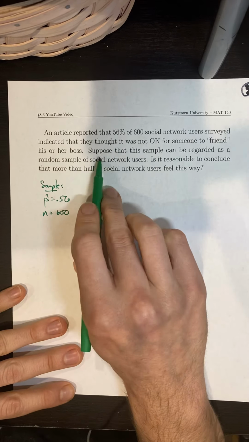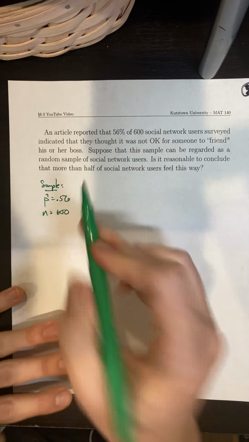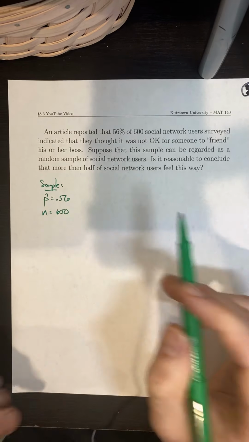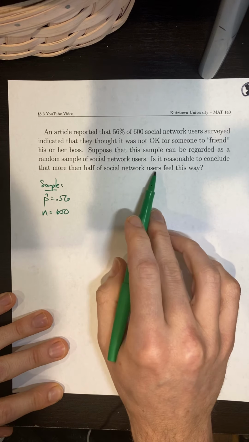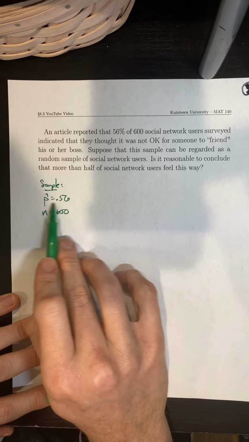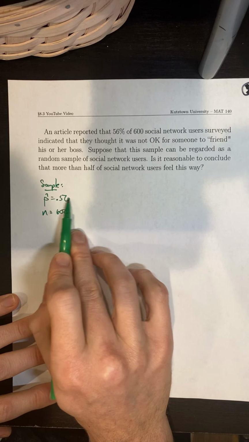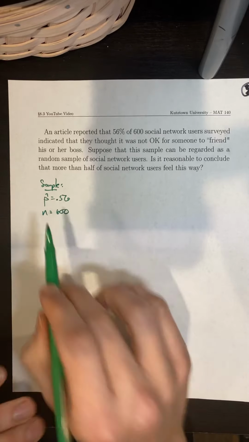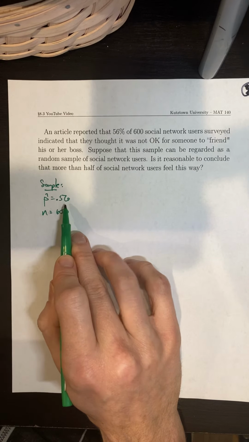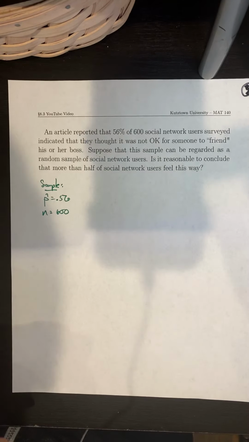Now, in this scenario, suppose that this sample can be regarded as a random sample. Okay, so that's fine. But we want to know, is it reasonable to conclude that more than half of social network users feel this way? So our p hat says that, yeah, we got more than half, but maybe that was just random, correct? Maybe it was just kind of a fluke that we got 56%, and we could have gotten 47% otherwise.